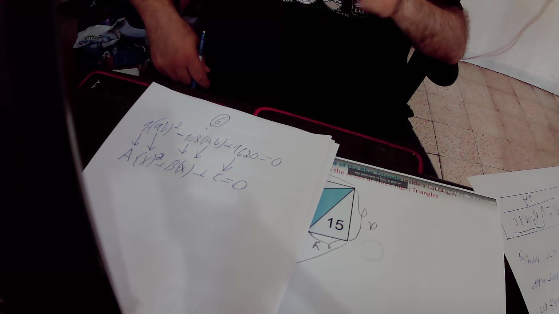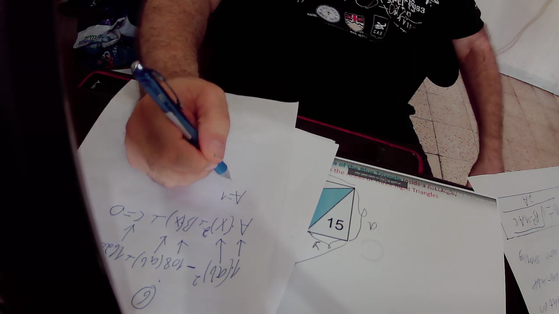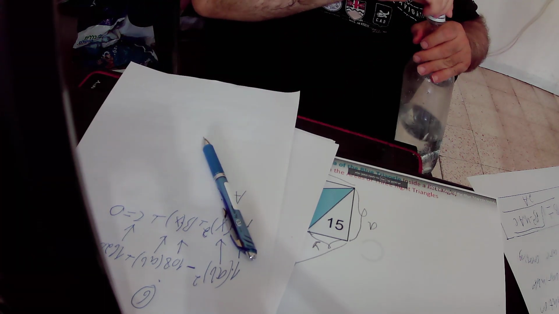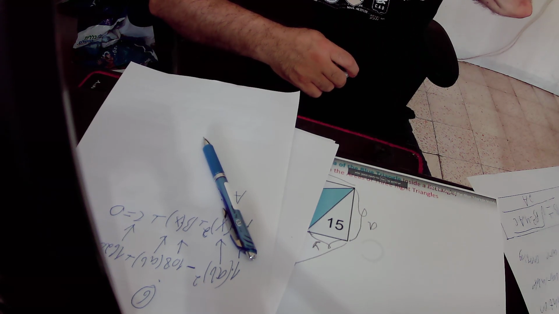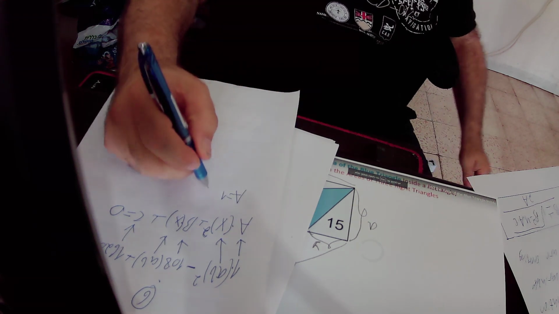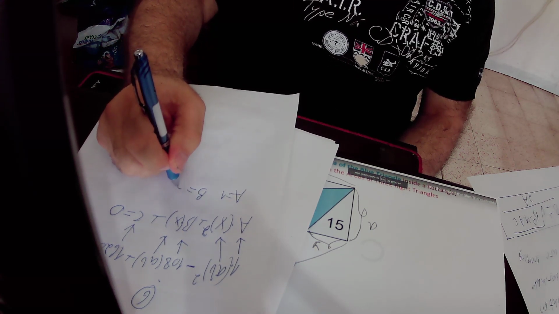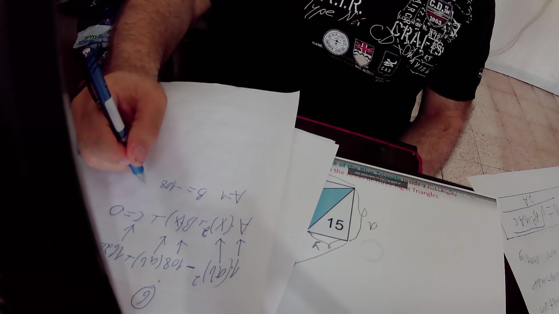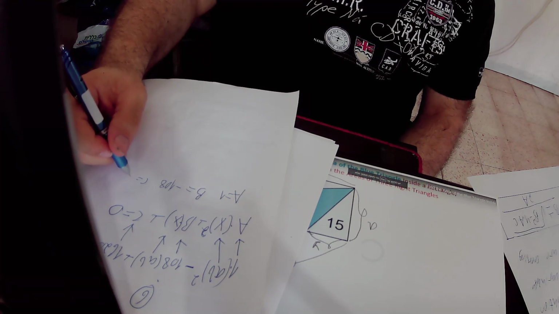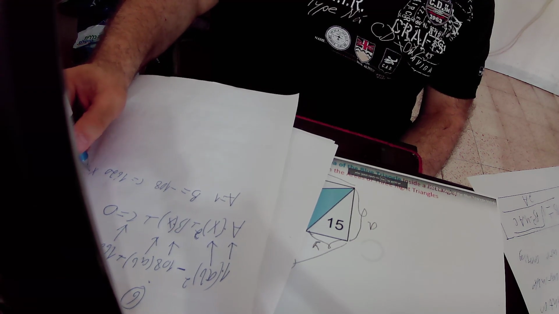So I will write it down: a equals 1, b equals negative 108, c equals positive 1620, and x equals a times b.